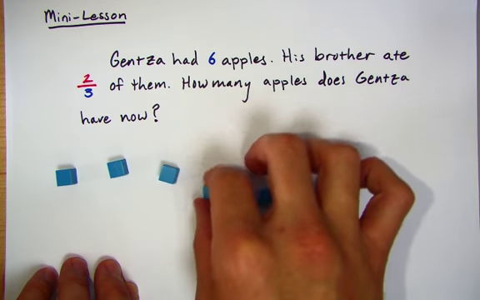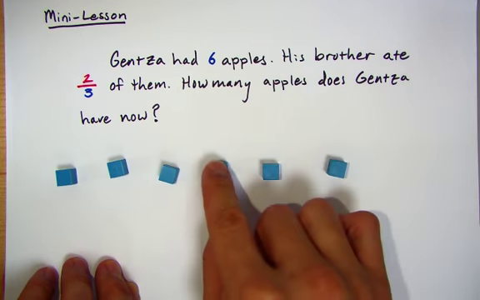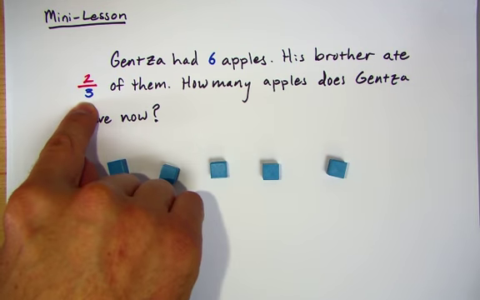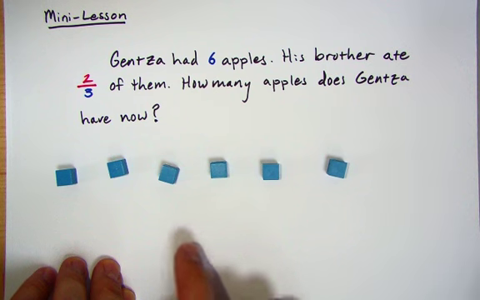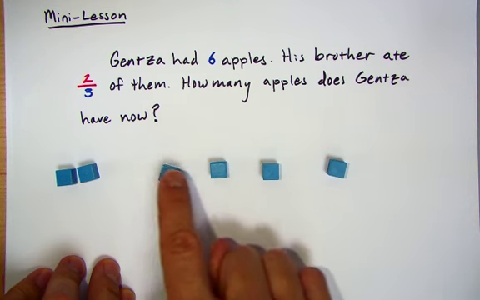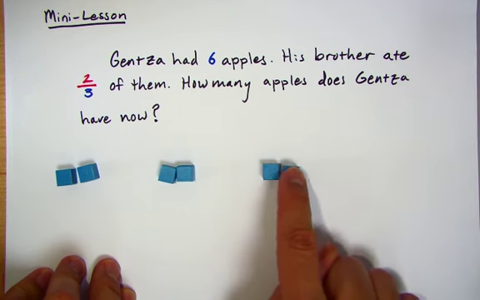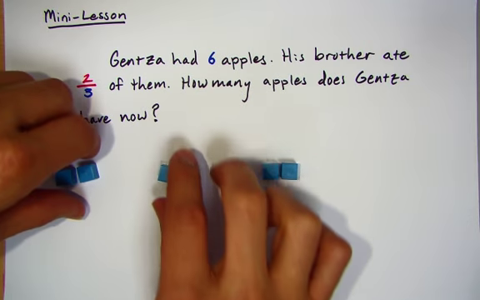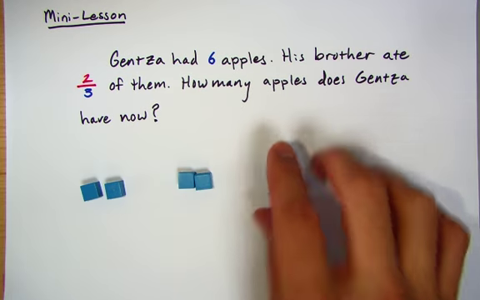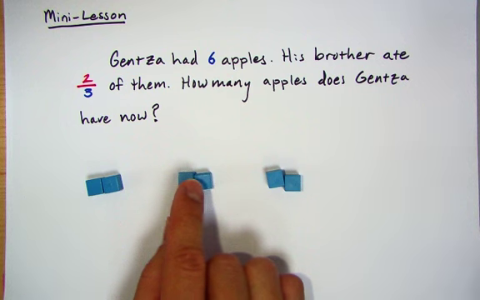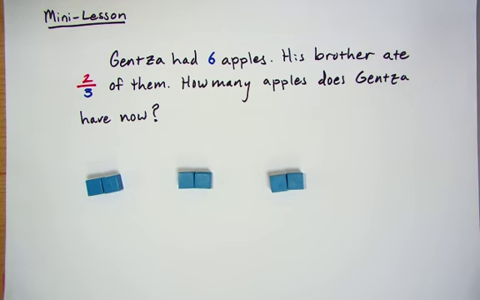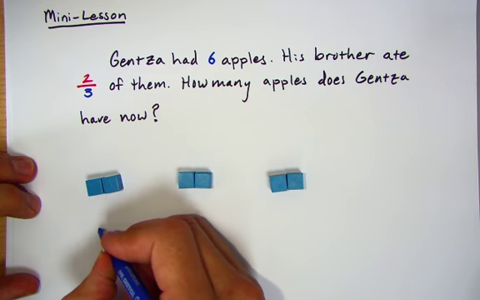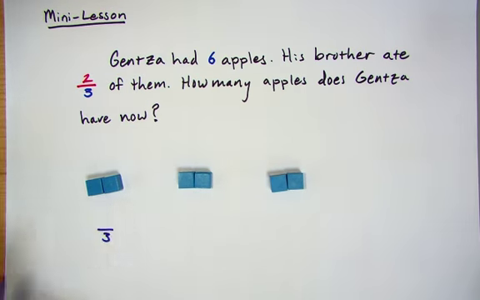So we have our 6 apples. Now if we combine and make 3 equal parts out of these 6 apples, can we do that? Yes, we can. So now we have 3 equal parts. Okay? So I'm going to go ahead and label that. Let's make our denominators really quick. Oops, I used blue.